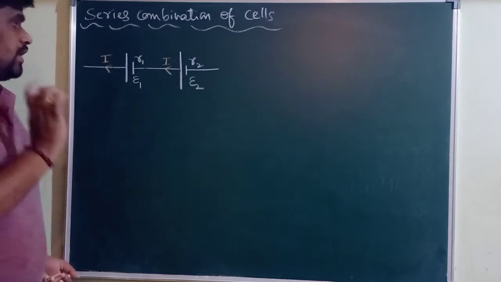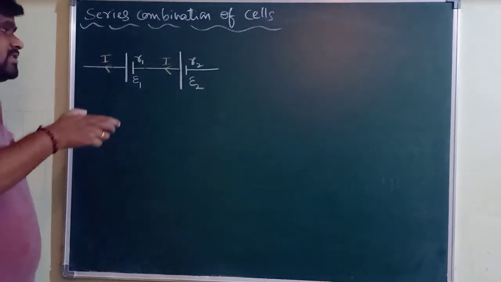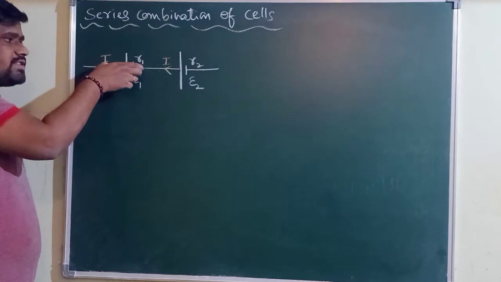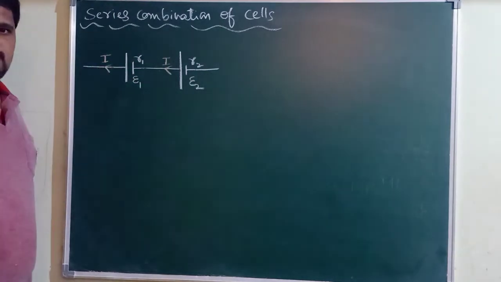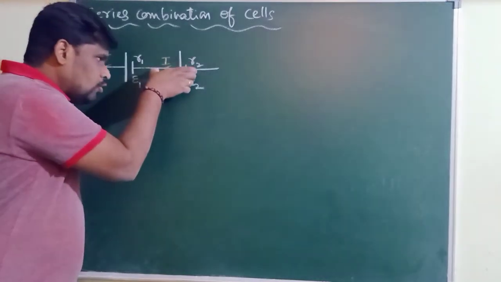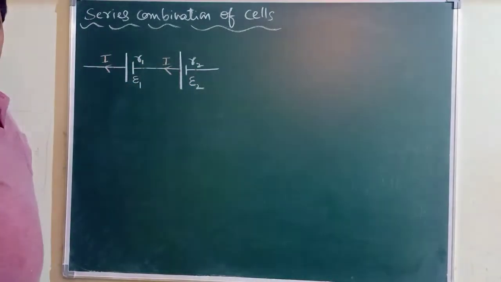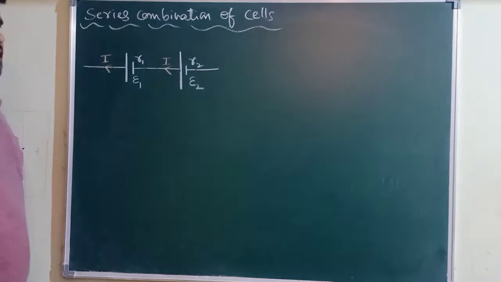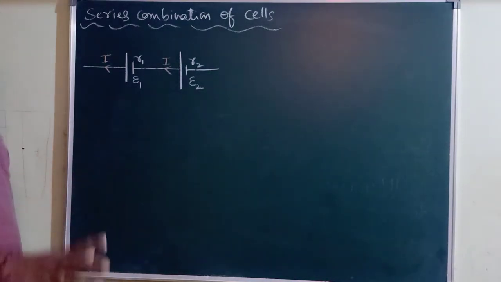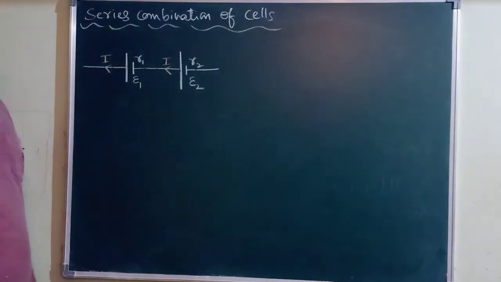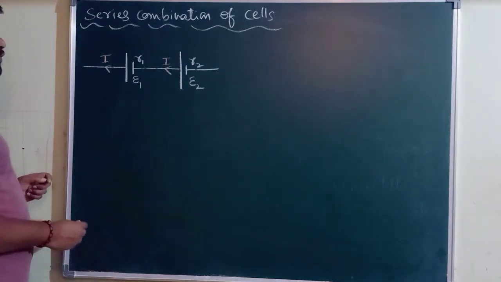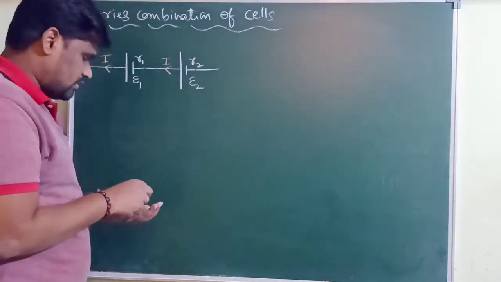But if you measure the potential difference across the terminals of a cell, taking a voltmeter and measuring the potential difference here and again here, the potential difference measured across a cell is called the terminal potential difference. That terminal potential difference will not be the same.